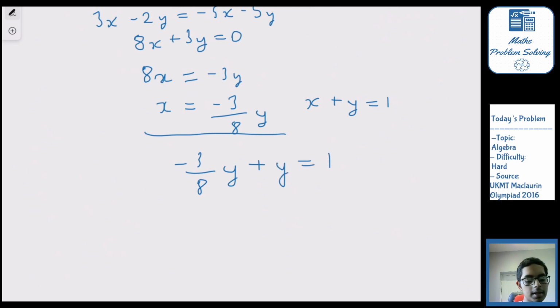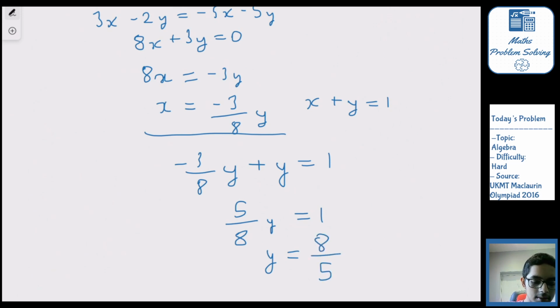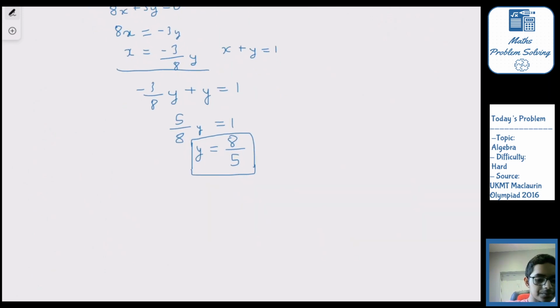So this is minus 3/8 y plus 8/8 of y equals 1. So we can rewrite this as 5/8 y equals 1. Therefore, if we multiply both sides by 8 divided by 5, y equals 8 divided by 5. And now we have a value for y, we can shortly get one for x as well.